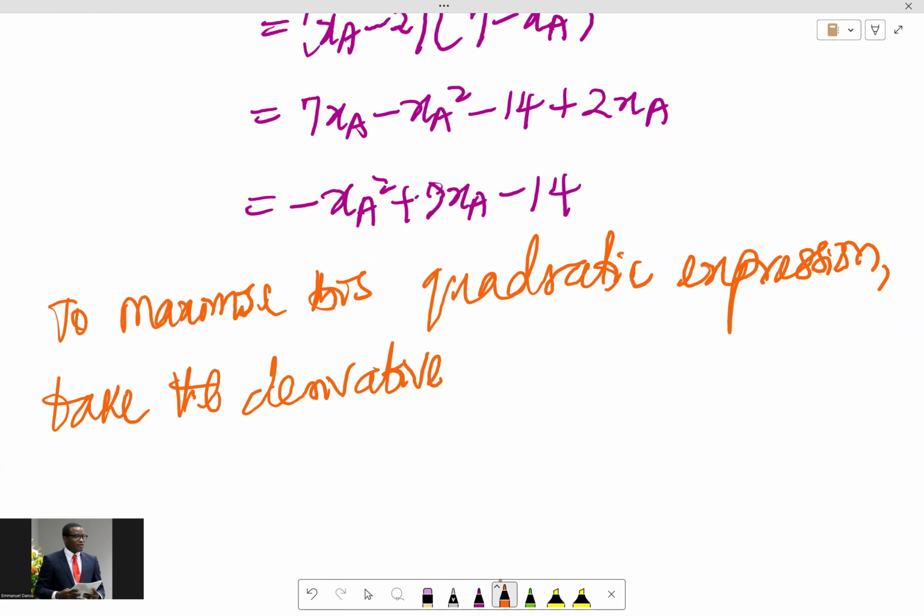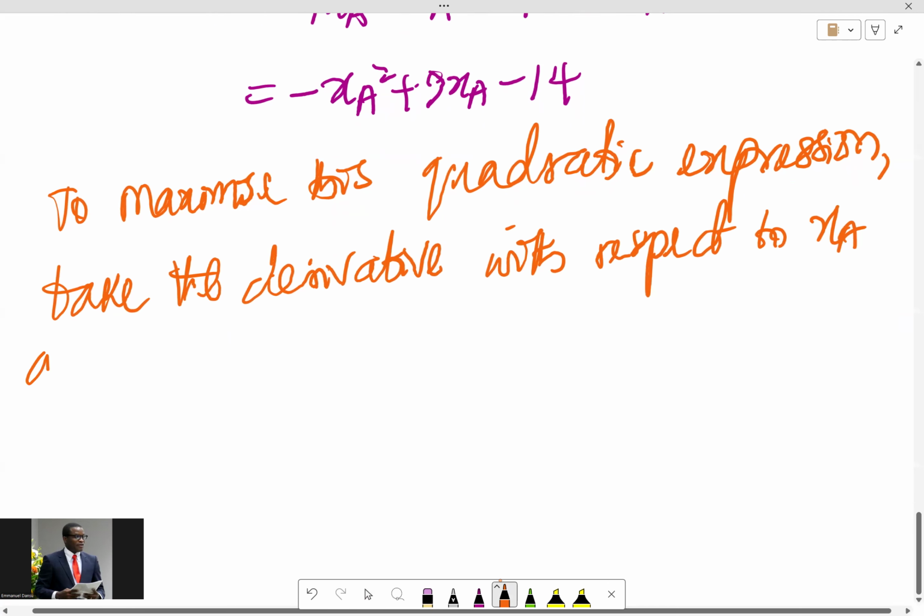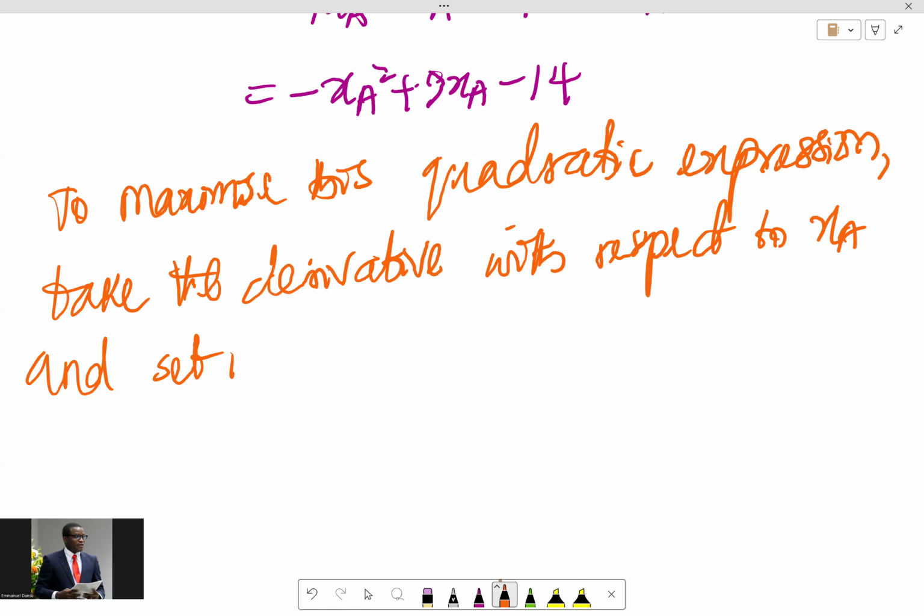Of course, to maximize something, you differentiate and set to 0. Take the derivative with respect to XA, which is the payoff for player A, and set it equal to 0.